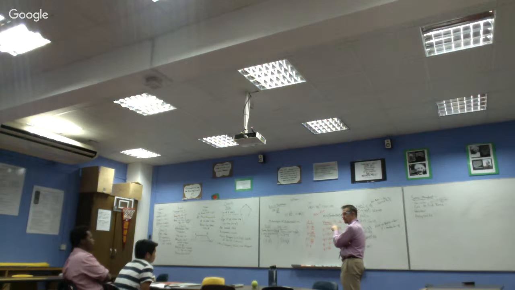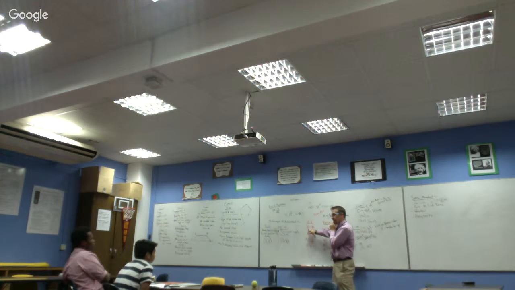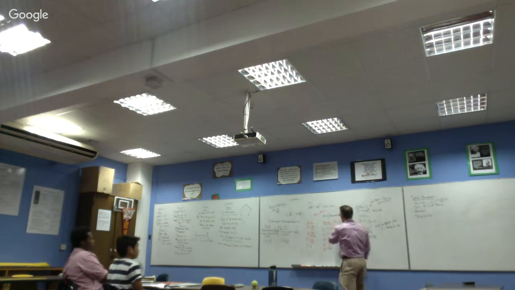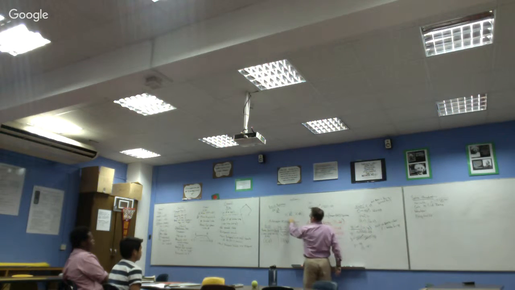Right. My axis of symmetry is where? The x of the vertex. And remember, we said, okay, my axis of symmetry is the same as the x, y, and my vertex.